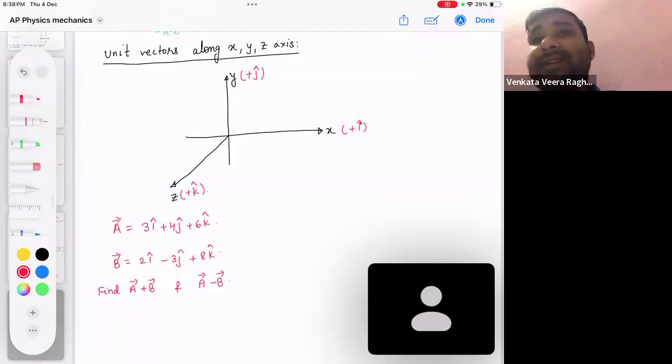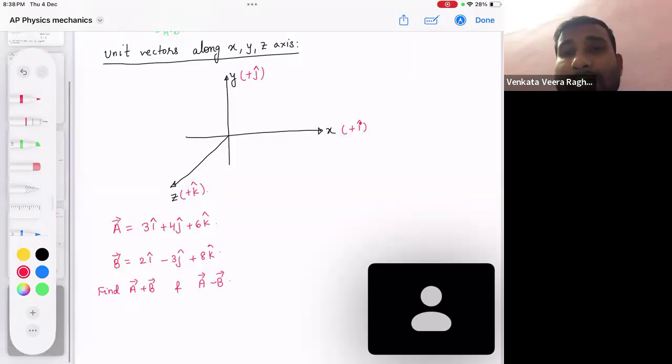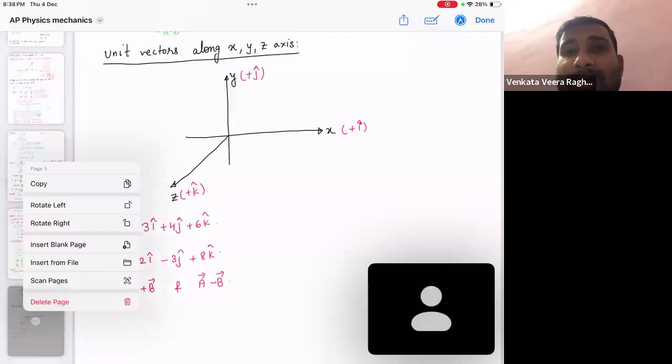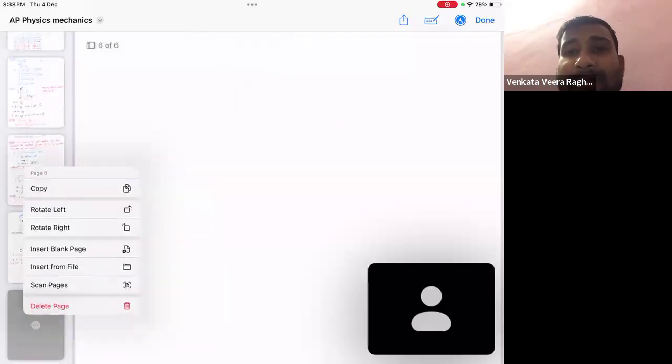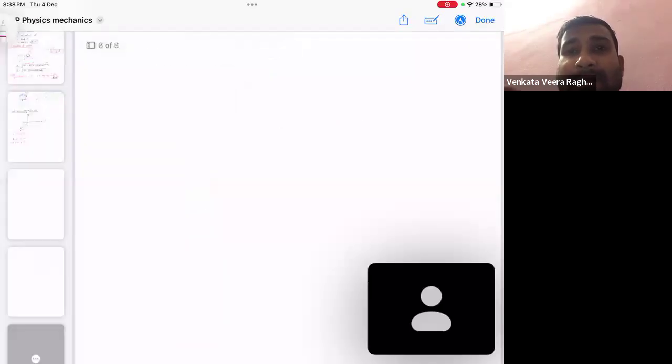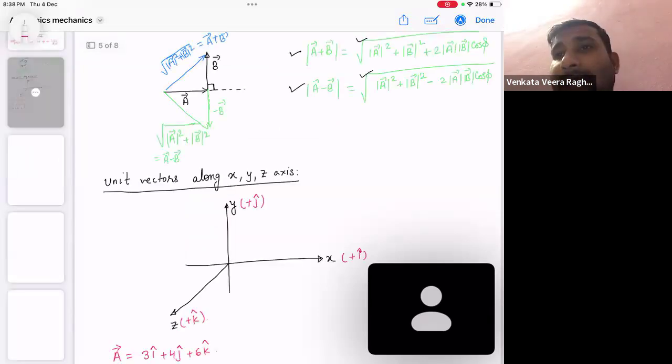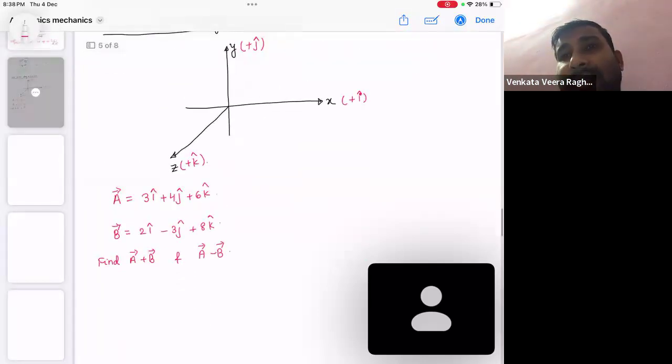This is much simpler than what we have learned until now. This is also called a vector in component form, or unit vector form, or i cap j cap format. So tell me, if I want to calculate the A plus B vector, what should we do here? How will you do it?